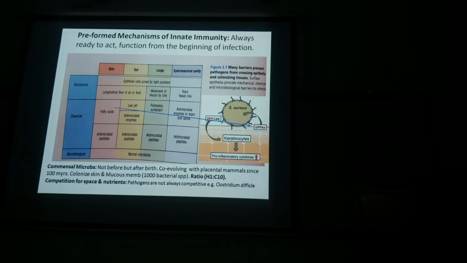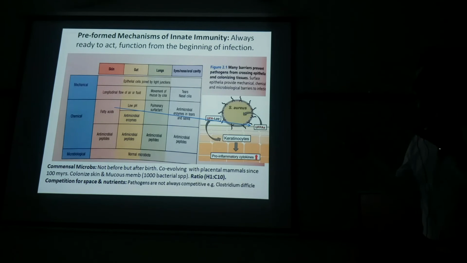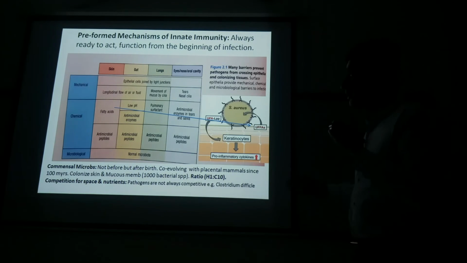If their number, for instance, goes down, it is a predisposition to develop different conditions, or a kind of risk factor for certain diseases, including some cancers, which can also occur if this microbiota is disturbed, if their population is disturbed.